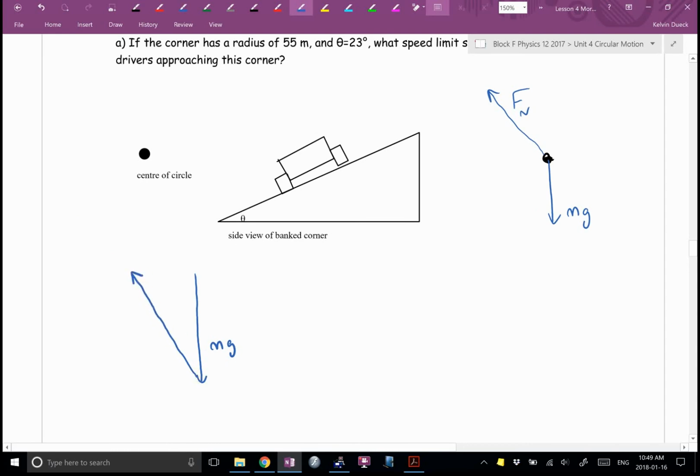This is the beauty. Because I know what the answer has to be, that's what helps me figure out how this triangle is going to fit together. That's the normal force. The resultant is from the tail of the first to the tip of the second, and that is my centripetal force, my circular force.